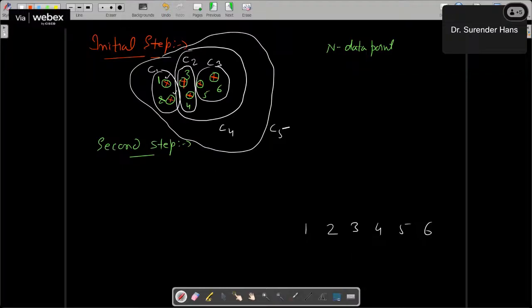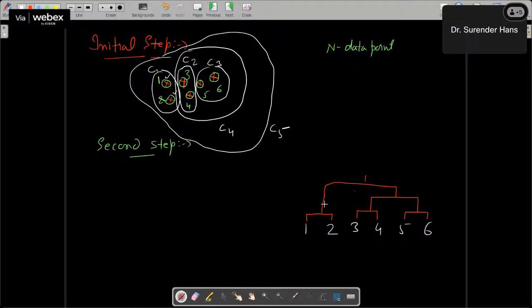Okay. So now first and second, the algorithm merges the two data points into one cluster, then third and fourth, fine, fifth and sixth, fine. Then three and four is this cluster, and fifth and sixth is this cluster, then again it merges into a single one, then again it merges into a single one.